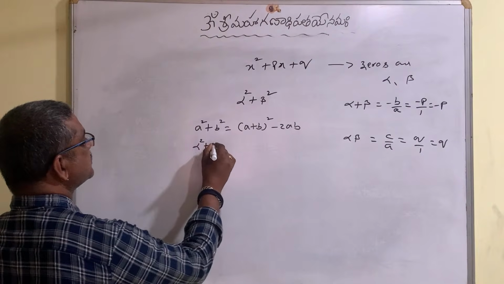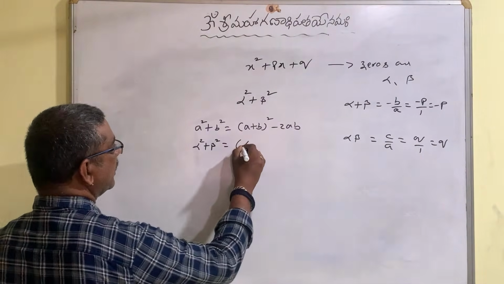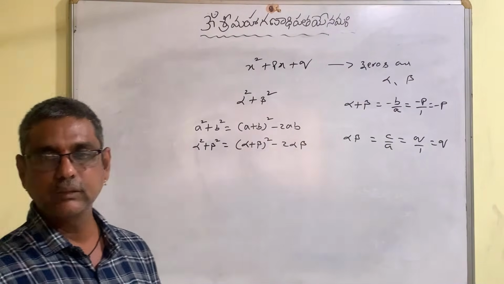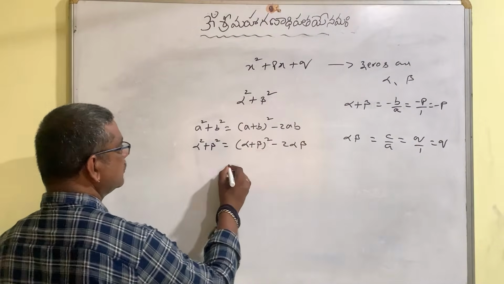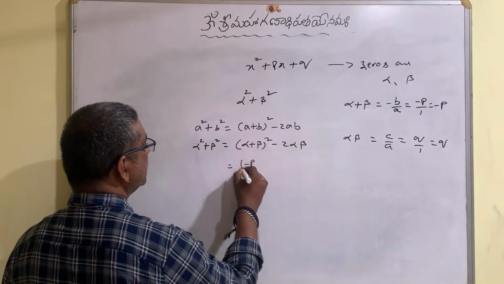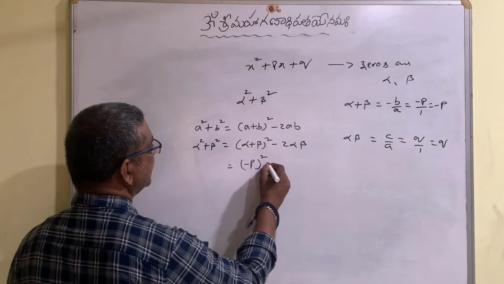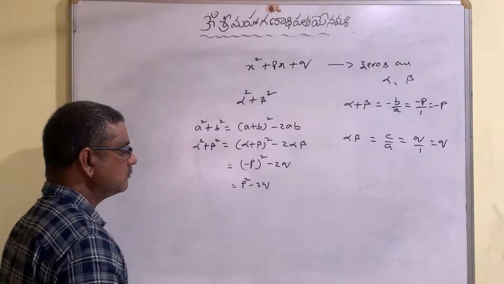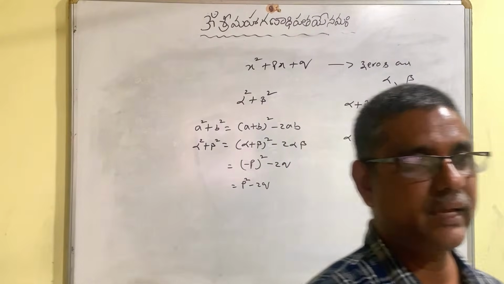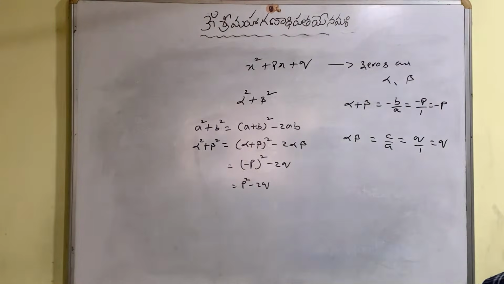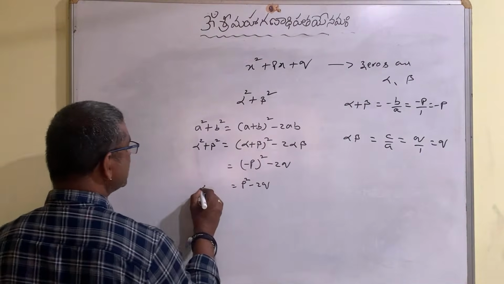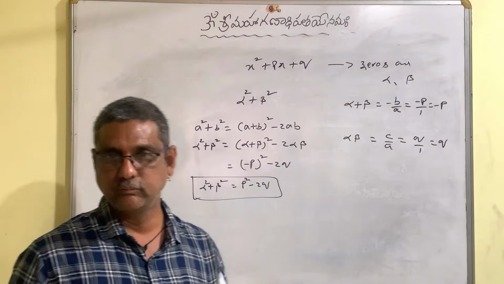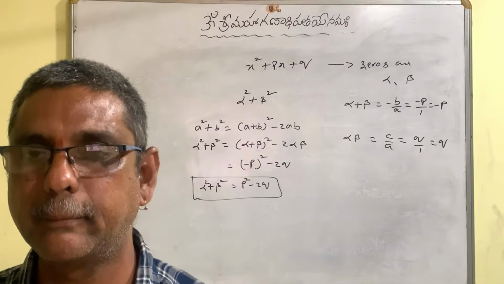Then alpha square plus beta square becomes alpha plus beta whole square minus 2 alpha beta. Now substitute the values. Alpha plus beta is minus p, whole square, minus 2 alpha beta, which is q, so p square minus 2q. So alpha square plus beta square value is p square minus 2q. Is that understood, children?